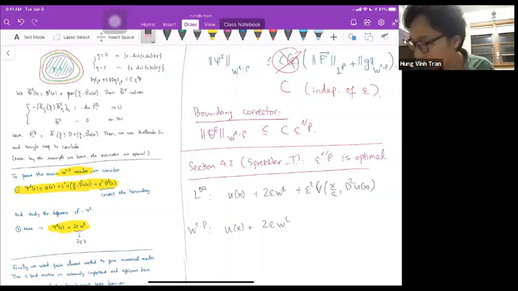Minus, I'm sorry. Yeah, for me at this moment, minus and plus are kind of the same. So forgive me if I'm making a sign mistake here.